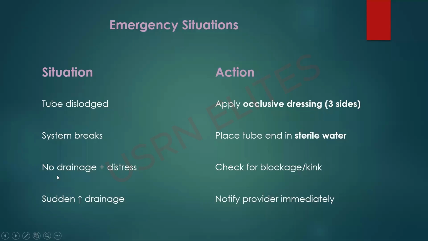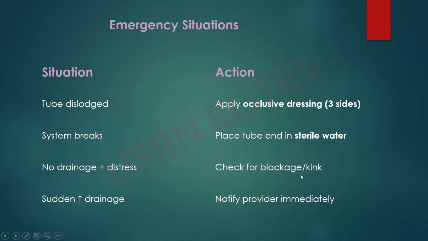Then when there is no drainage from the chest tube or from the chest, and the patient is in distress, you have to check for what? For blockage. Sometimes there could be blockages in the tube, or it could be that the tube is kinked.